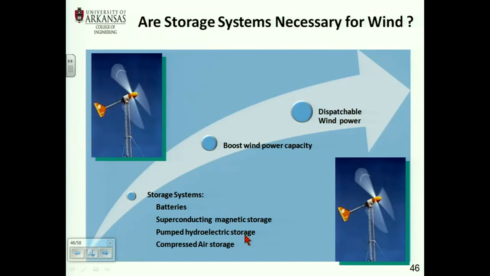So when you need to generate, you let water from the top reservoir go down to the bottom. And then at night, 3 a.m., when that coal-fired power plant is running, and you don't want to bring down the generation because of the mechanical issues or the thermal fatigue that you can have, you use that cheap energy to pump water from the lower reservoir to the top one.